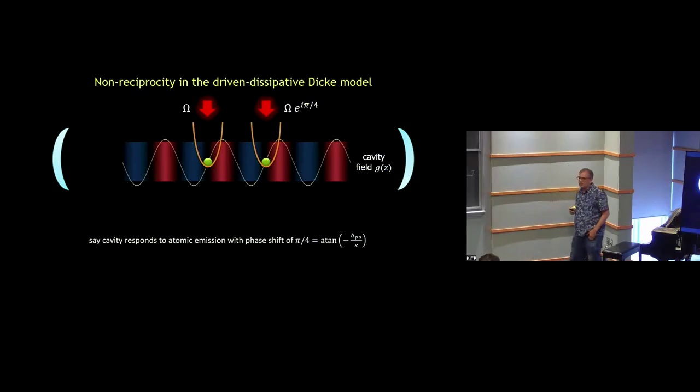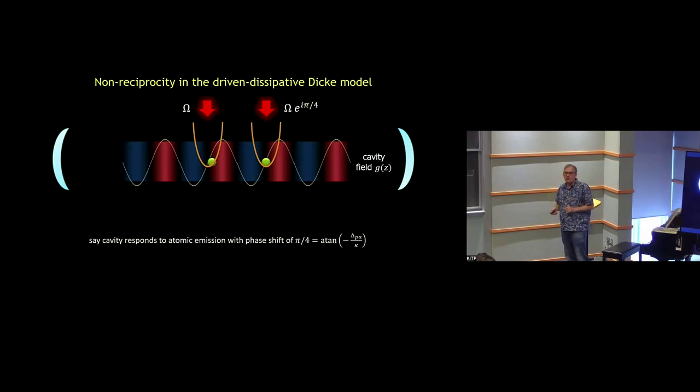Okay? And let's say that the light that's driving this system is not very far away from the cavity resonance. It's close enough to the cavity resonance that the cavity responds a little bit out of phase with the light that the atoms are emitting. Let's say that phase is exactly pi over 4. We've just picked a particular detuning from resonance.